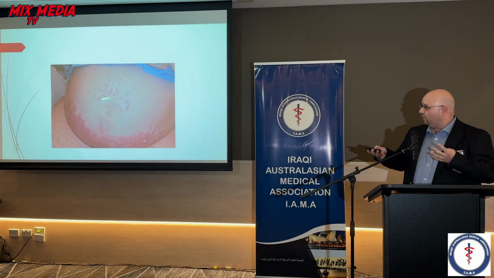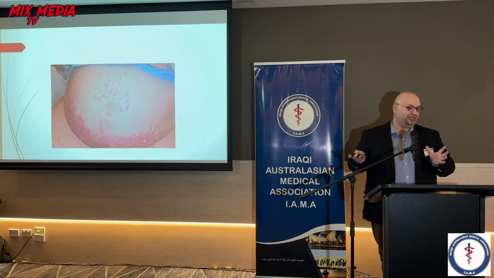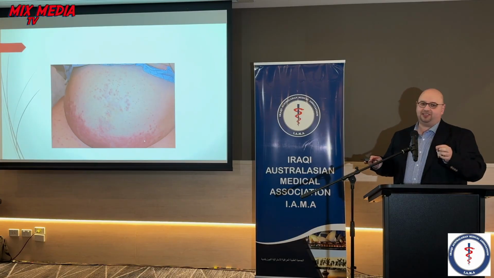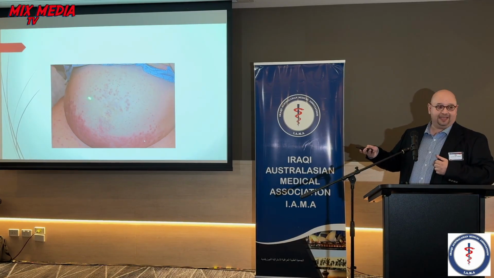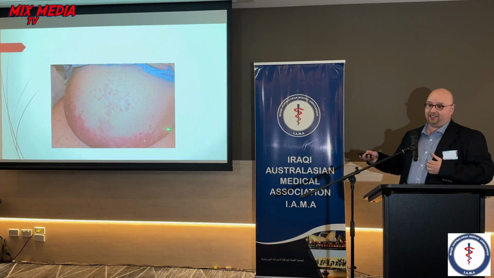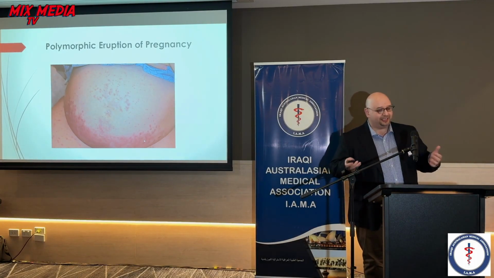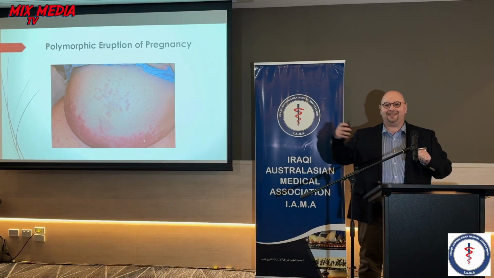When you see a condition that starts mostly over the abdominal area and is accentuated over the striae, you see these lesions over the striae, then it spreads a little bit. It respects the umbilicus area, so it doesn't involve the umbilicus, and this is what we call polymorphic eruption of pregnancy. It happens usually in a primigravida, usually in the late stage of pregnancy.